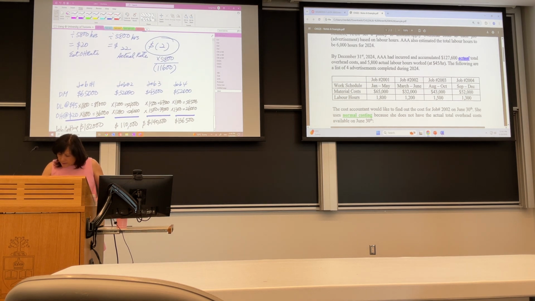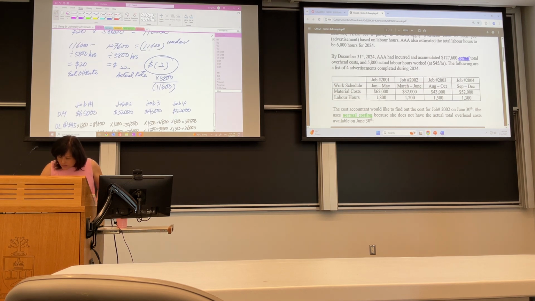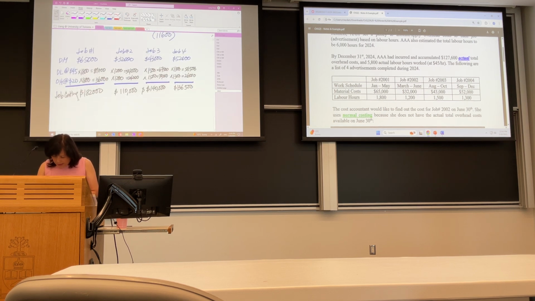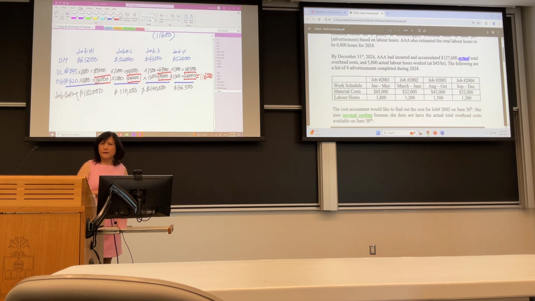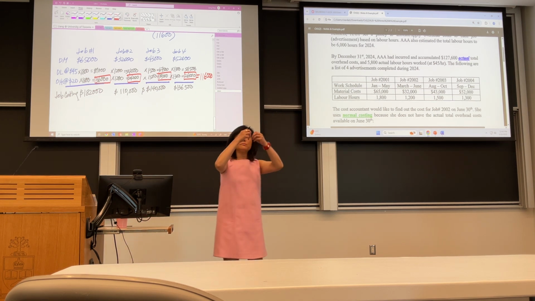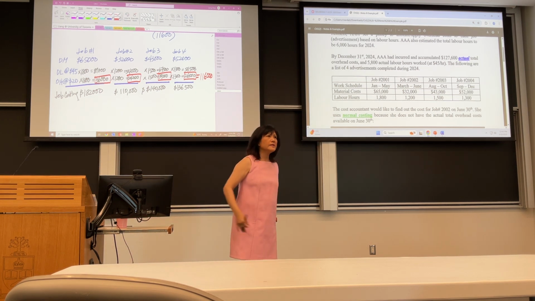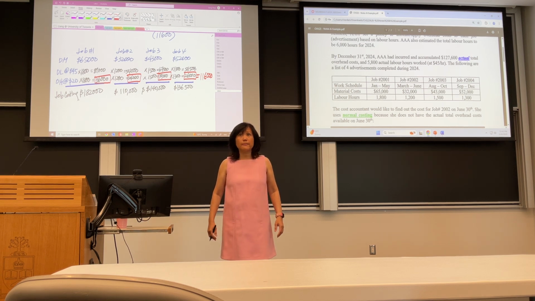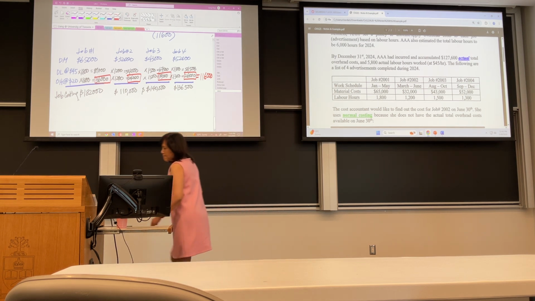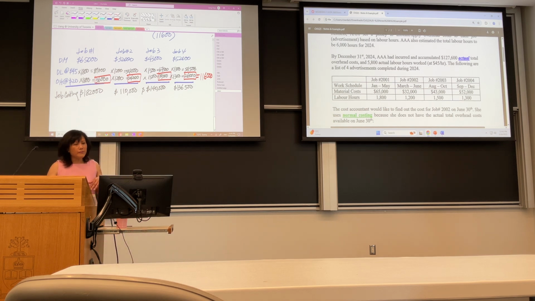So we calculated the overhead amount, 116,000. We applied based on $20 an hour. If you add these numbers together, that's 116,000, broken down into 4 different jobs. This is how much for each job. All right, so we know that it's underapplied.